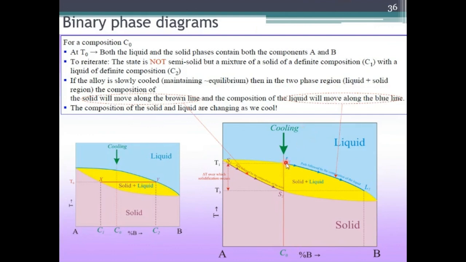For example, if you take delta T, a difference, and draw a path, the upper path is the path followed by the composition of the liquid, and this path is the path followed by the solid portion. So this line will determine the percentage of solid and liquid in a particular solid solution.